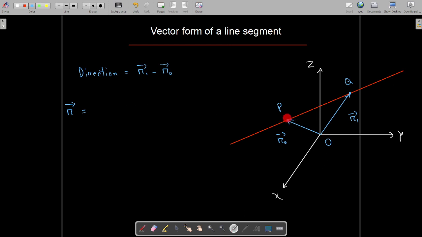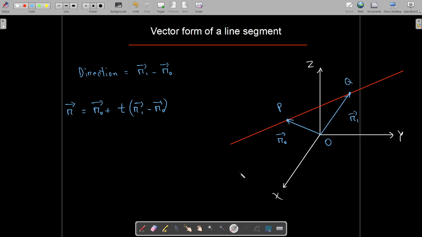So to go to P point we have to take the position vector R0 plus any parameter t multiplied by the direction P to Q. That means R1 minus R0. We have first went to P, then we have to go from P to Q, then we took the direction. Now this indicates the whole line.